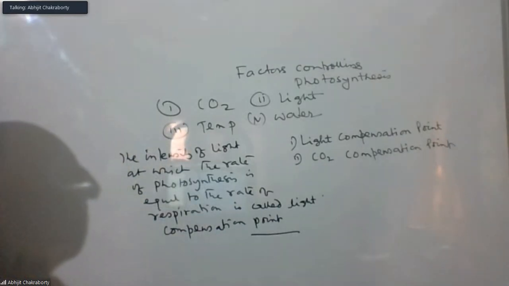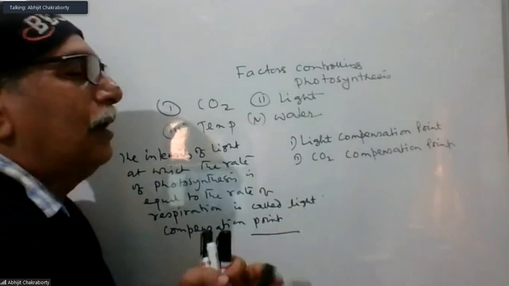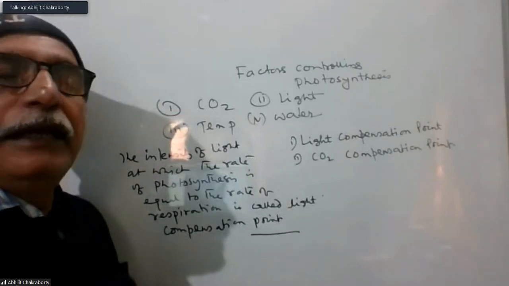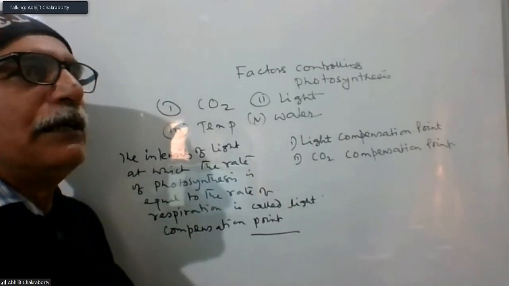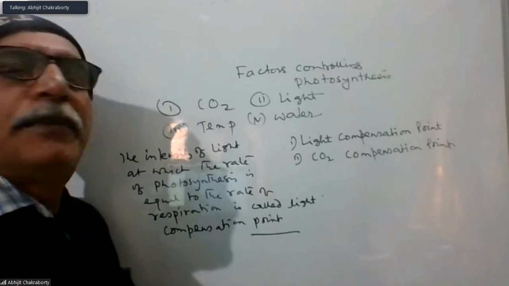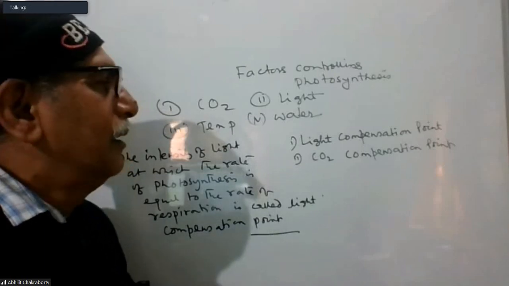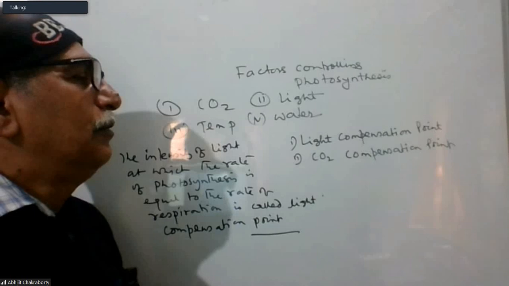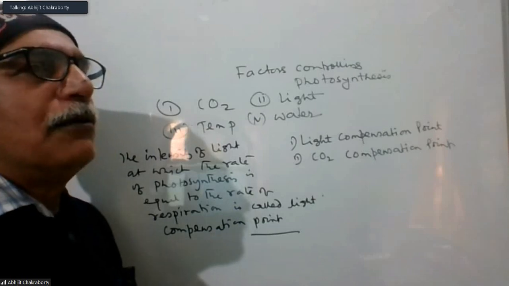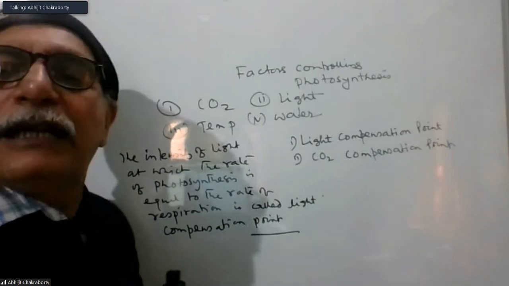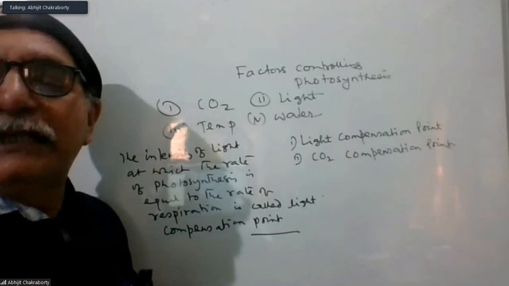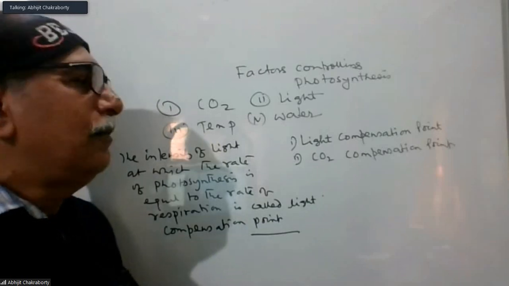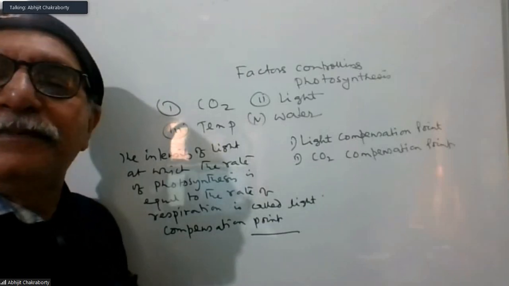And similarly, the concentration of carbon dioxide at which the rate of photosynthesis is equal to the rate of respiration is called the carbon dioxide compensation point. Clear? CO2 compensation point refers to the concentration of carbon dioxide at which the rate of photosynthesis is equal to the rate of respiration. Clear?